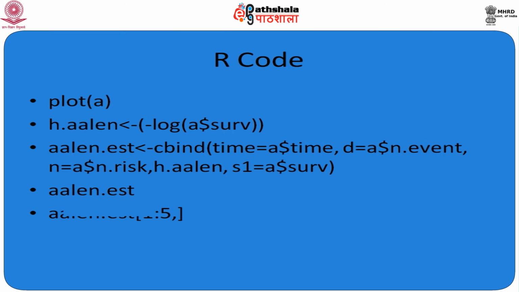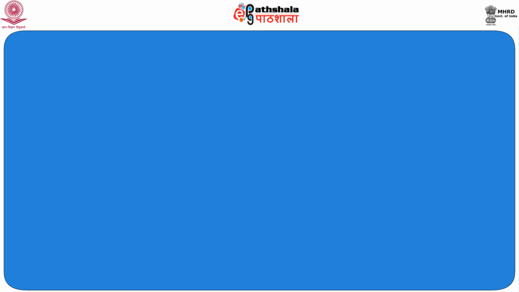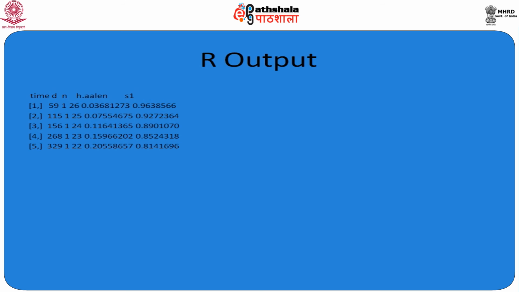So it will give us the Nelson-Aalen estimated functions, and here we are giving only 5, not all observations.